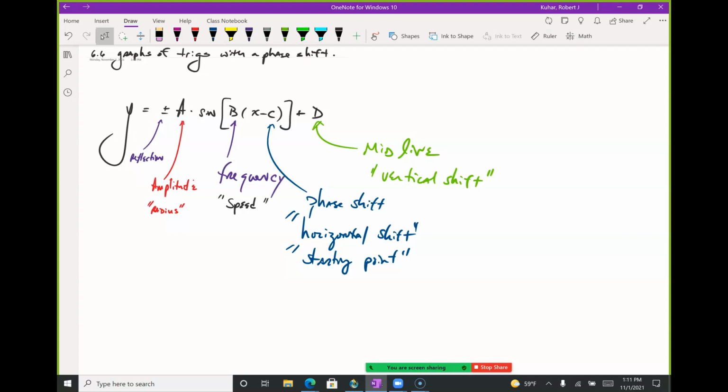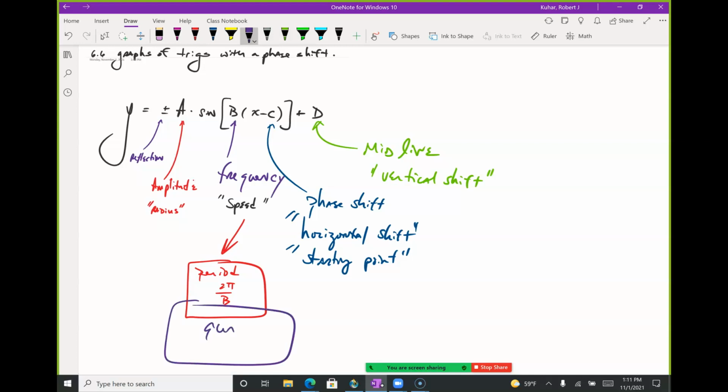When I do the frequency, I will also do a period. So the period is going to be 2 pi over B. I'm going to do the quarter steps there, which of course is the period over 4.